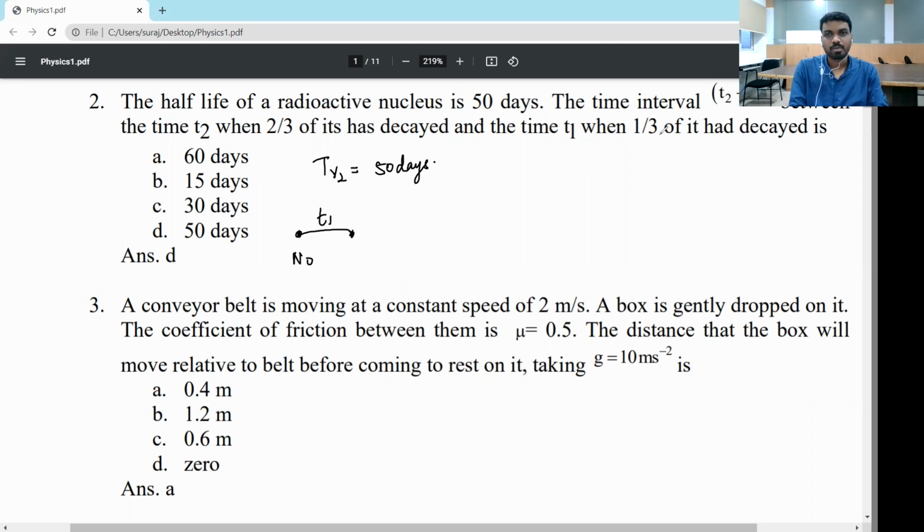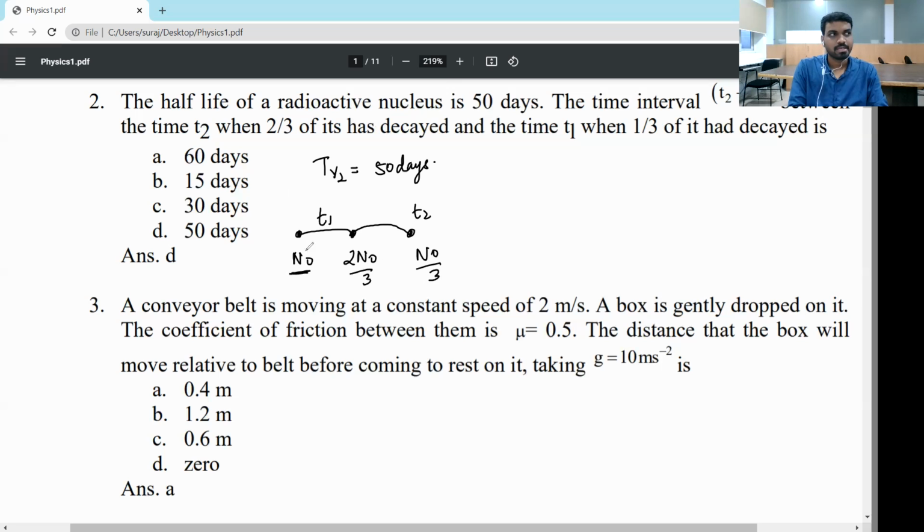T1 is when 1/3 of it has decayed. 1/3 decayed means 2/3 is active.